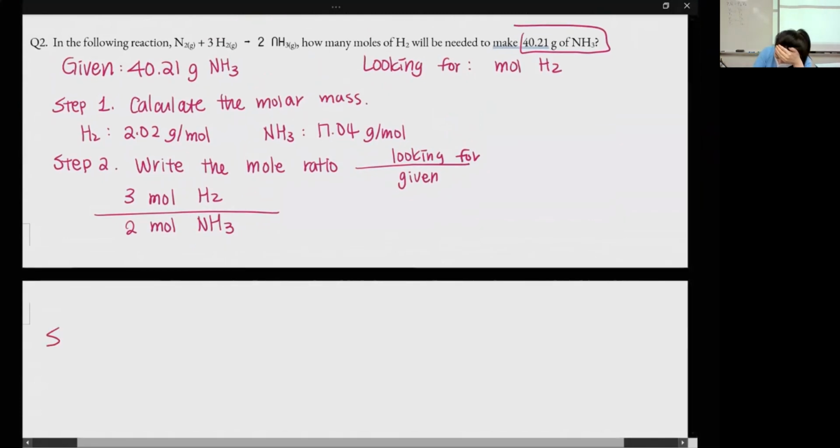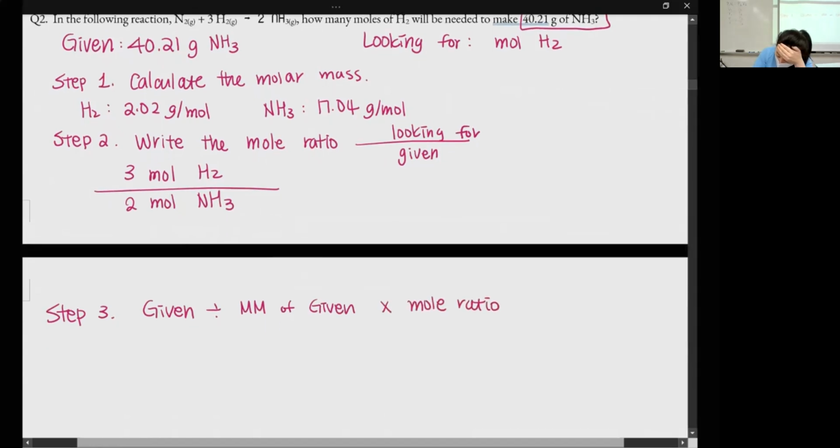So our step 3 would be given divided by the molar mass of given, and then times it by the mole ratio. And this is how it's done. So your given was 40.21 grams of NH3. We will write the molar mass ratio.